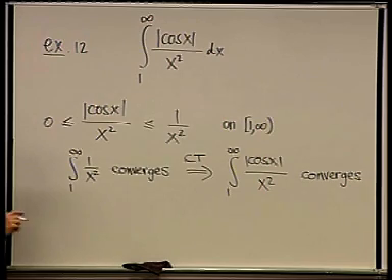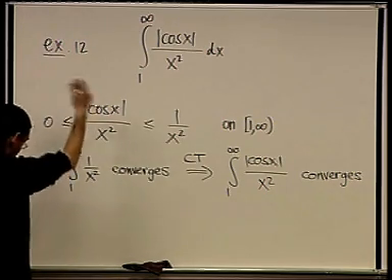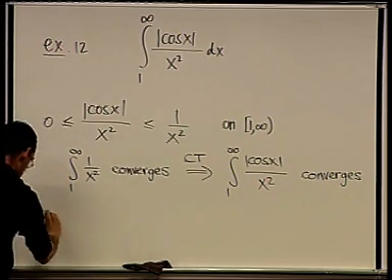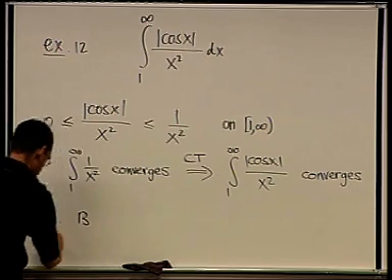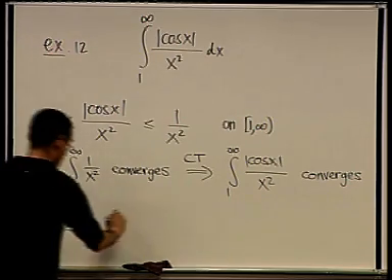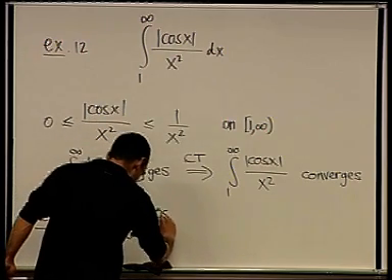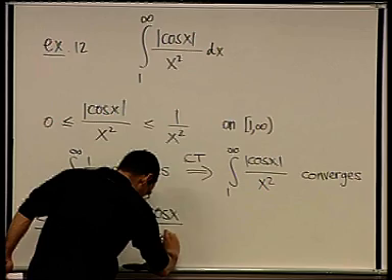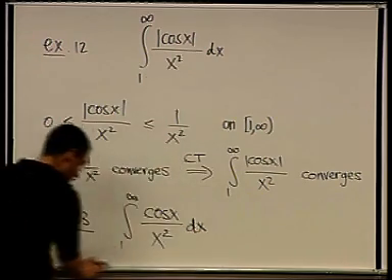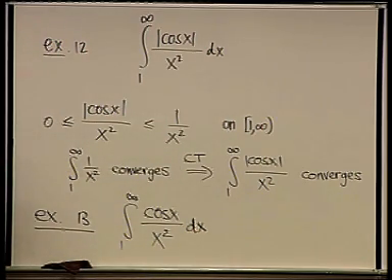Everybody? Okay. So this was kind of a warm-up towards what I really wanted to write, which is example 13. What about the integral from 1 to infinity of cosine x over x squared without absolute value? What can you say about this thing? Does it converge? Yes. Why? The absolute value converges.